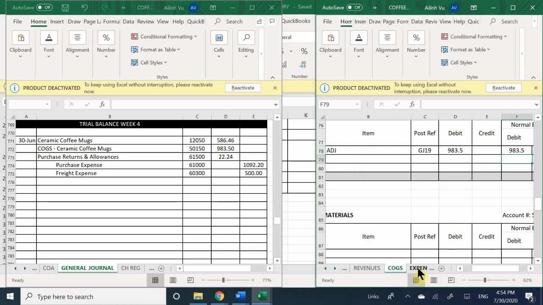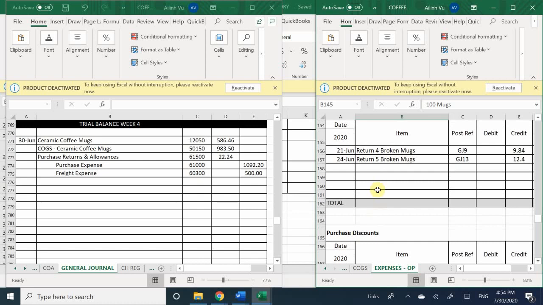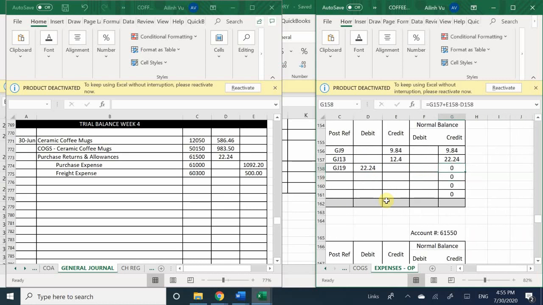Then I'm going to go to my purchase returns and allowances, General Journal 19. There you go. So my new account balance in my purchase returns and allowances is 0.